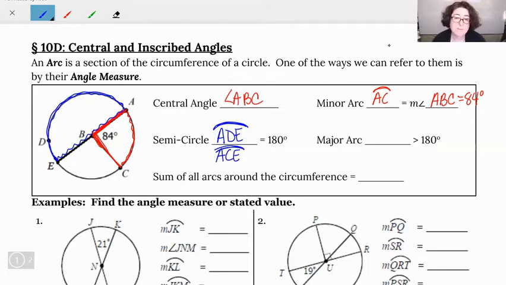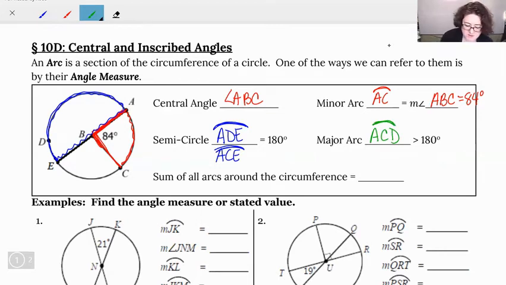An example of a major arc would be ACD. So follow those along and see which part that's looking at. A going around to C, going all the way around to D, I'm going past halfway around the circle.